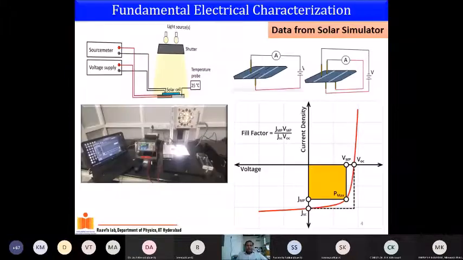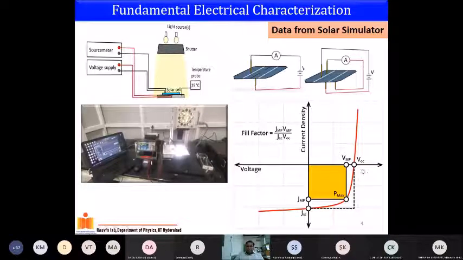Okay. So the first thing which is established now with the last 2 days of talks is that as soon as you have a solar cell, you first do the fundamental electrical characterization, that is, put it under a solar simulator and measure its JV characteristics. So these are the points which you see.